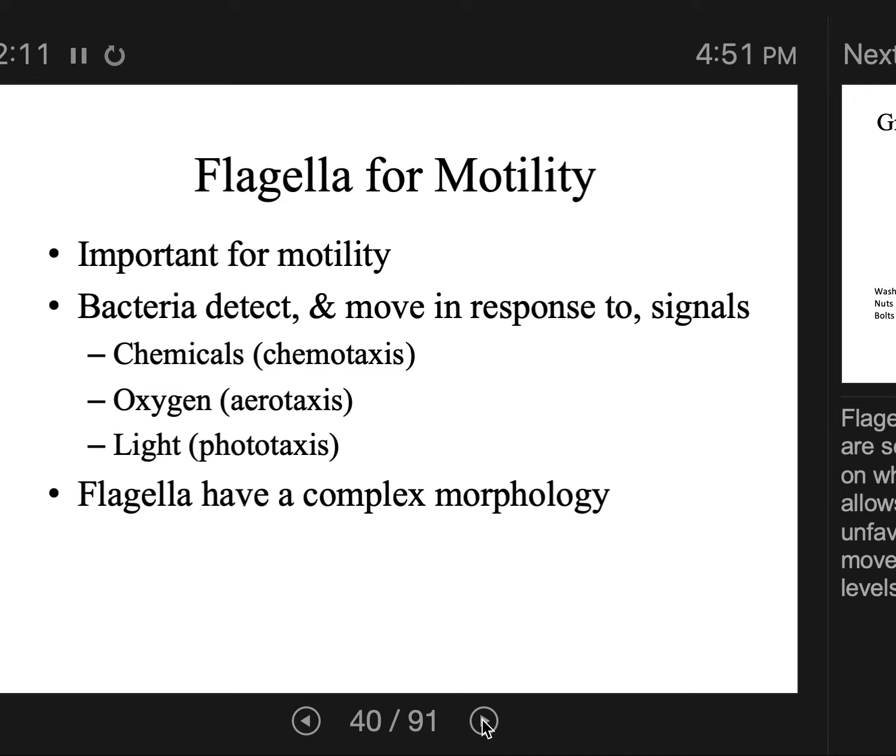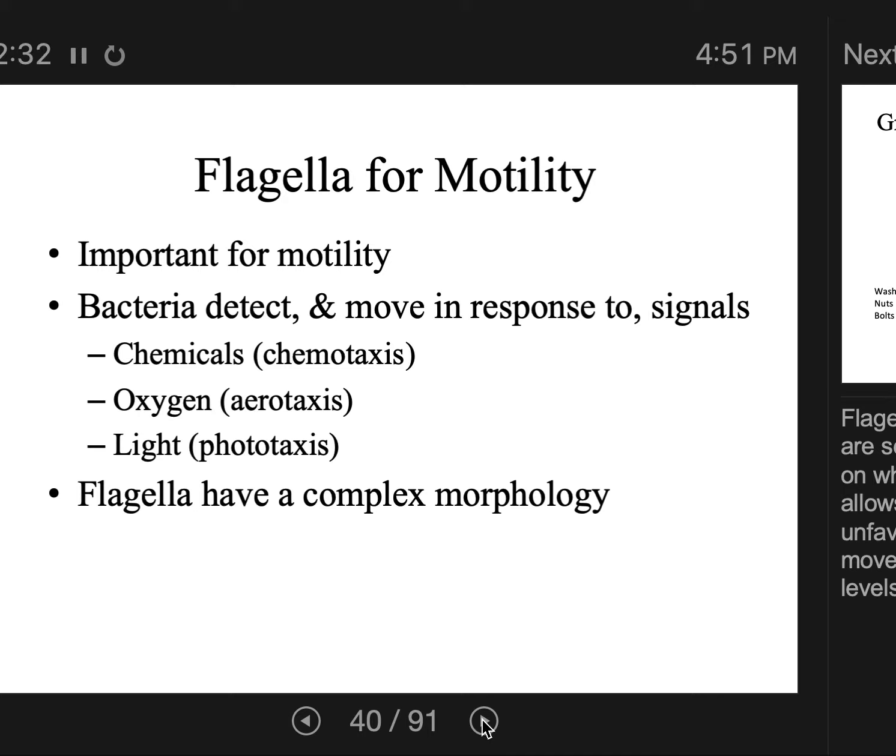So the term taxis, you can think of it like taxi. It means movement. So taxis are to move you around. To remember that taxis means movement, think of taxi. And then when the bacterial movement is responsive to chemicals in the environment, we call that chemotaxis.